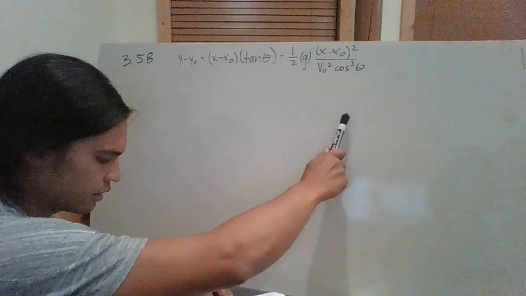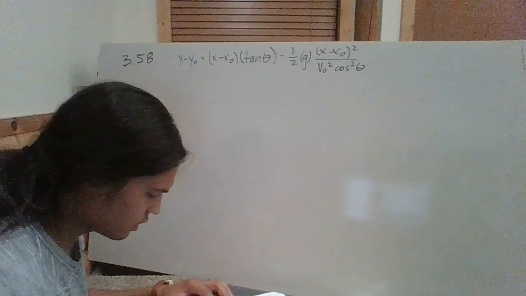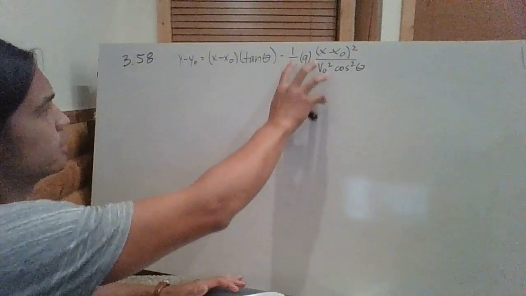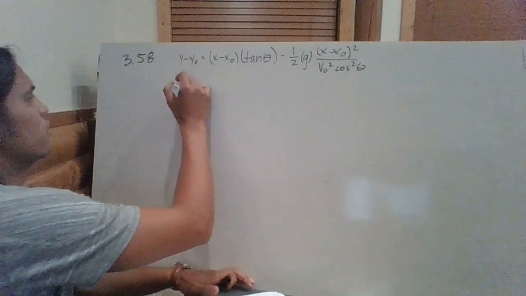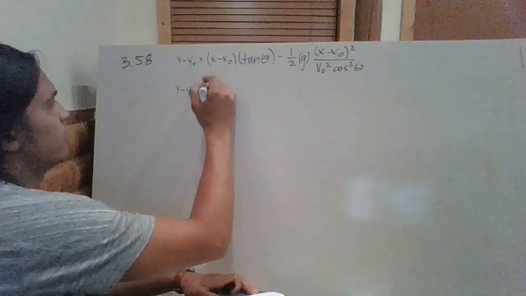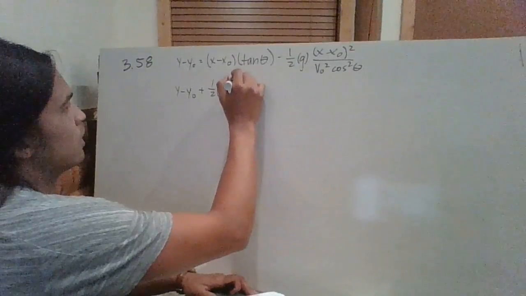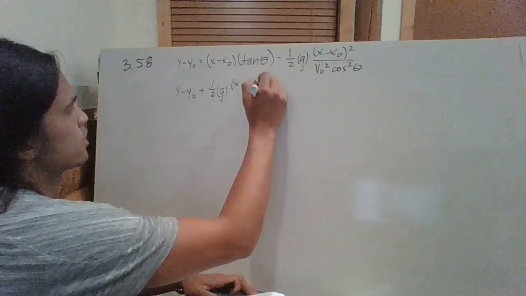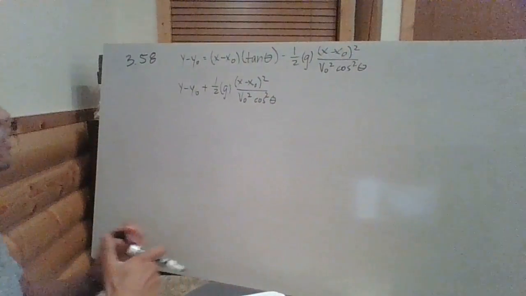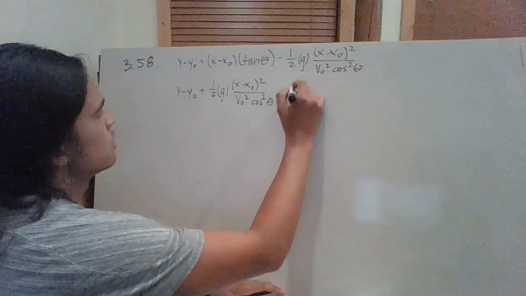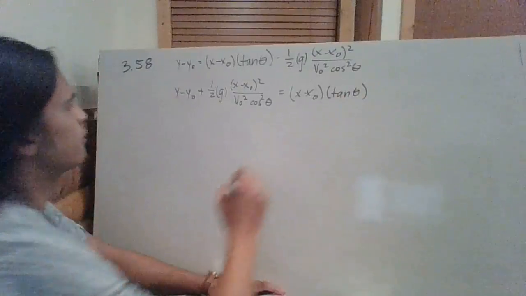Sorry, I added this whole term across to here. So y minus y naught plus 1/2 g x minus x naught squared over v naught squared cosine squared theta equals x minus x naught tangent theta.